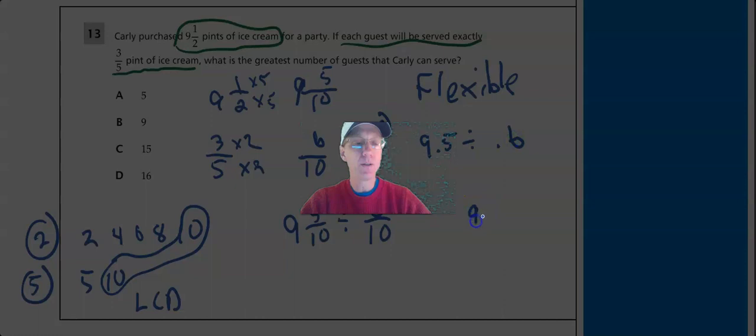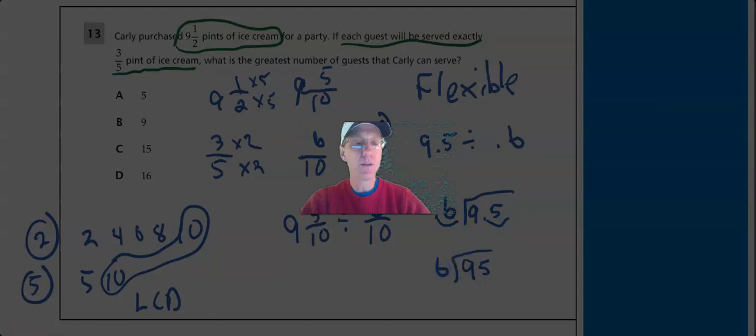You could do a long division problem, 9.5 divided by 0.6. You just have to know that you have to temporarily shift these numbers over. There's a variety of ways to think about that, but basically you temporarily shift this over in order to make this happen. So this decimal moves over one spot, this one moves over. So it actually becomes 95 divided by 6.